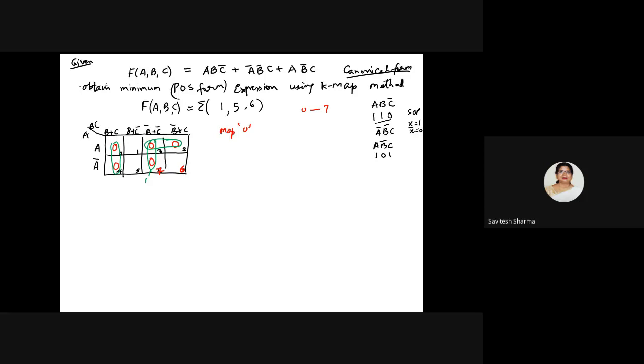So I am writing one answer, and I am showing you both answers. Let's say this is my group 1, group 2 and group 3. So you write the expression, and I am showing you another answer. As I said, it depends upon what grouping every student is doing.